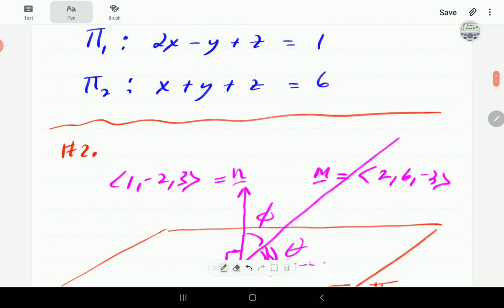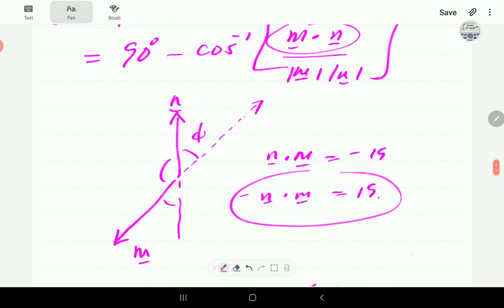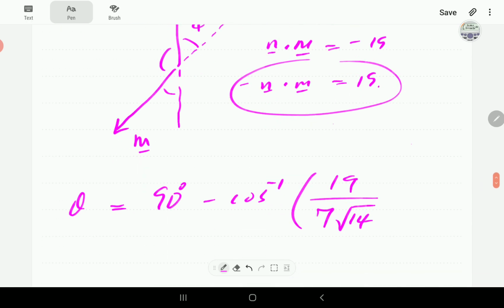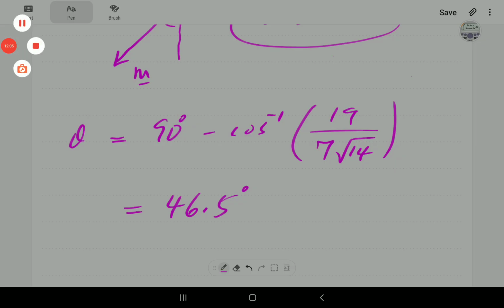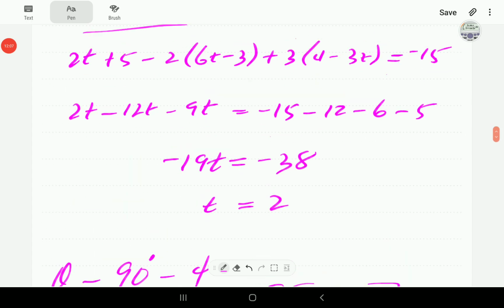This one is going to be 36, 40, 49. So that's 7. So if we plug this in the calculator, it's going to give us 46.5. So the angle between a line and a plane is always going to be that smaller angle, the acute one. Okay, so that's number 1.